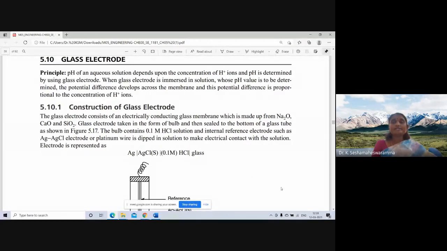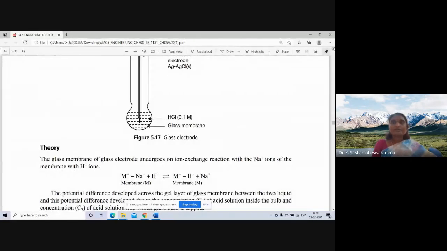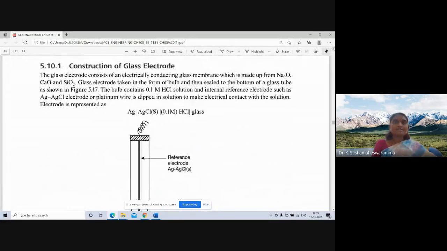How can we construct the glass electrode? It consists of an electrically conducting glass membrane, which is made up of sodium oxide, calcium oxide, and silica.